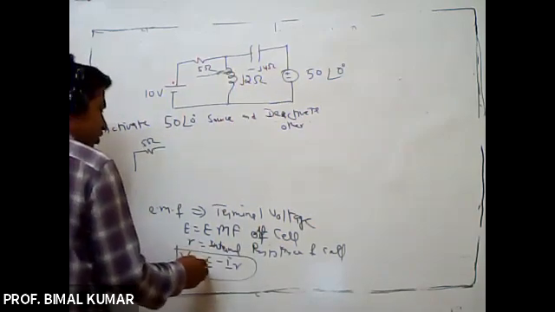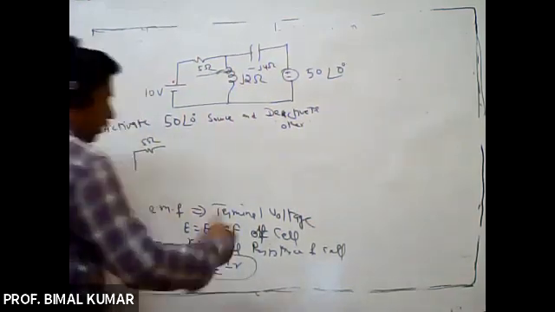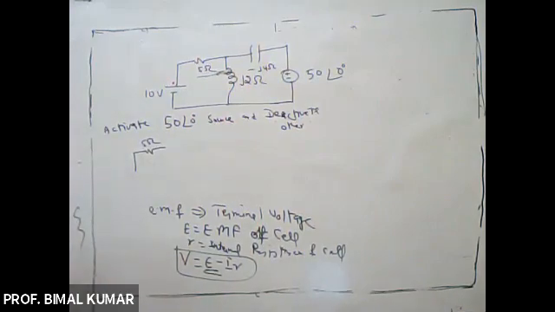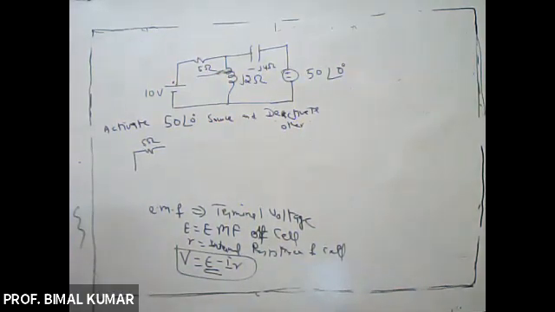So that means EMF is always greater than the terminal voltage. E is equal to V plus Ir, right?